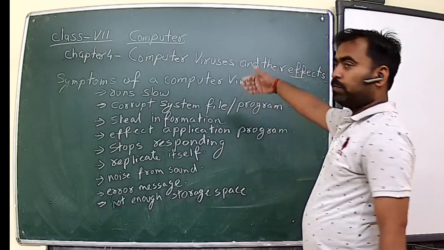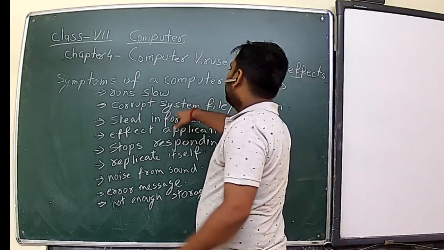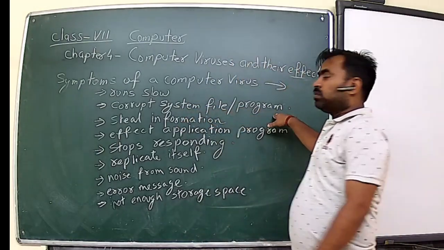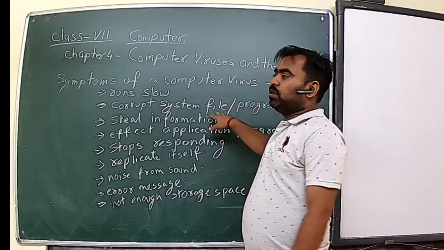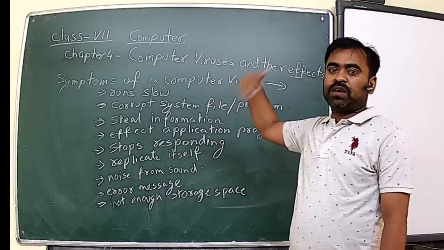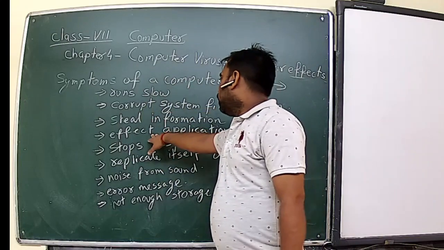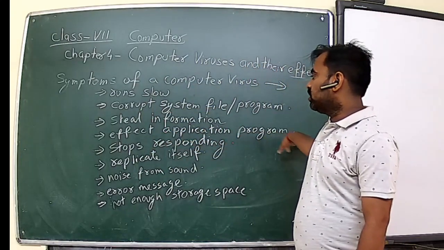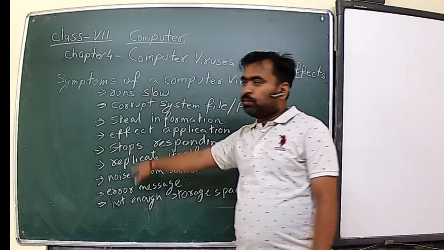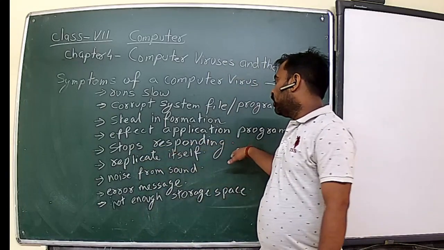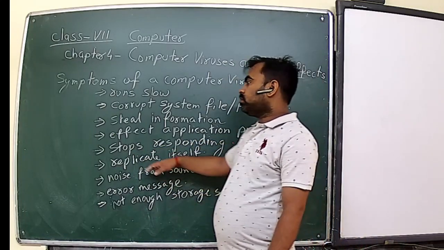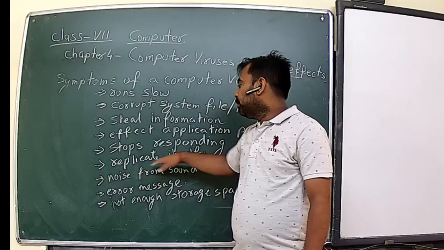Your system might run slow, it corrupts the system file or the program, steals important information from the system and passes it to a third party, and affects application programs. Sometimes your computer stops responding to your command and it replicates itself.